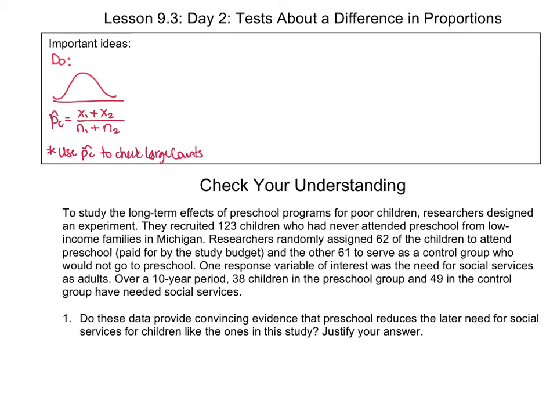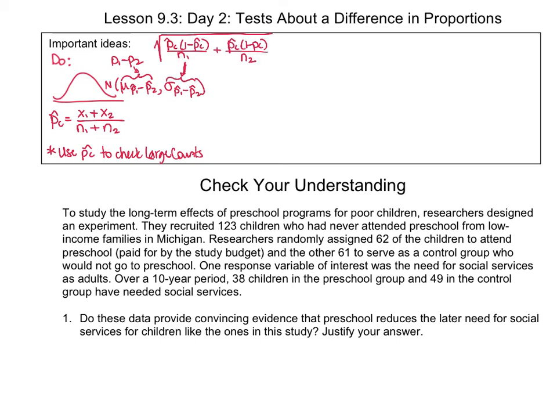When it comes to our normal curve that we use for our sketch and shade, we know we always define with the mean and the standard deviation. This time, the mean, mu sub P sub 1 hat minus P sub 2 hat, is actually P1 minus P2. And our standard deviation of P sub 1 hat minus P sub 2 hat comes from the calculation of the standard deviation using the combined proportion.